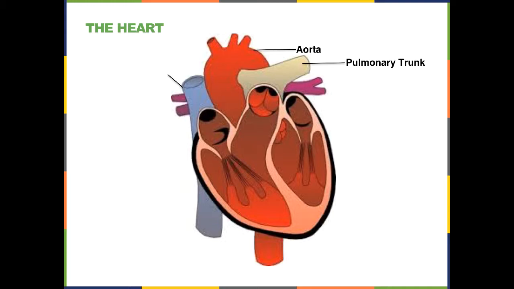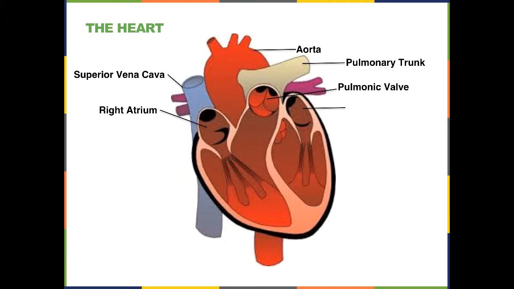This blood vessel coming from the superior part of the body, the head and neck region, is the superior vena cava. The valve that closes once blood is pumped out of the right ventricle is called the pulmonic valve. The area of the heart that the superior vena cava dumps its blood into is the right atrium.